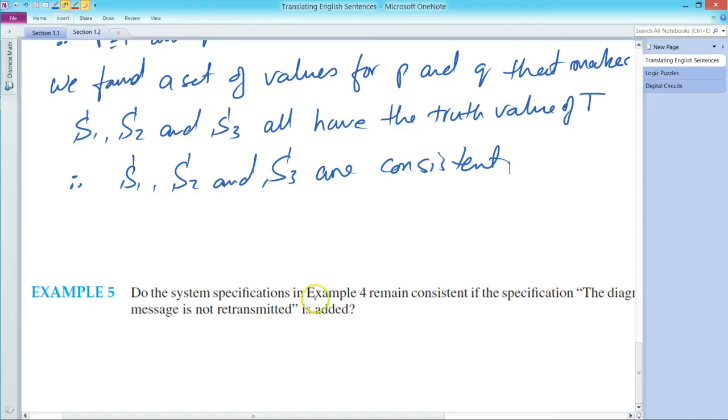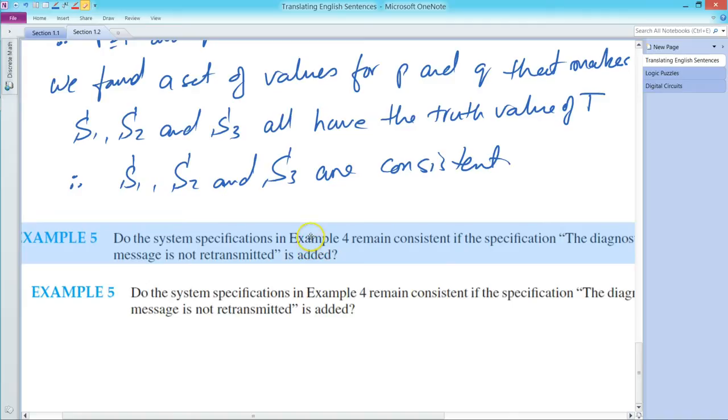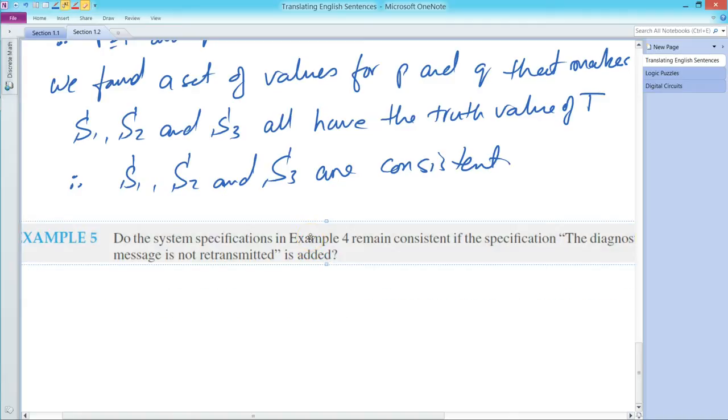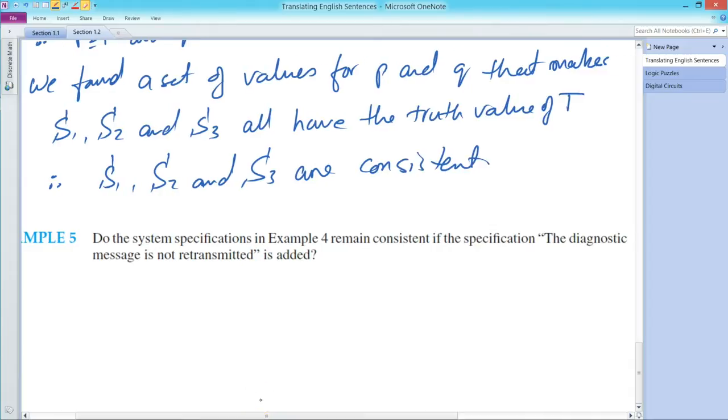Now, let's look at example 5. Example 5 is related to example 4, the previous example. Example 5 says, let's add another requirement. And this requirement is the diagnostic message. Let me just move it a little bit so that it comes in the screen. Okay.